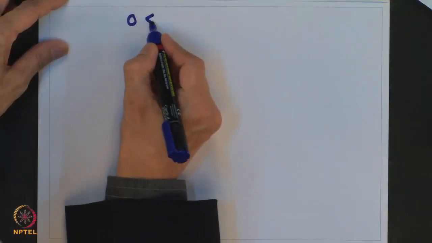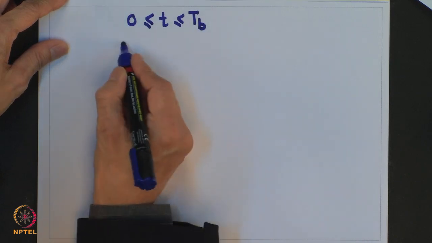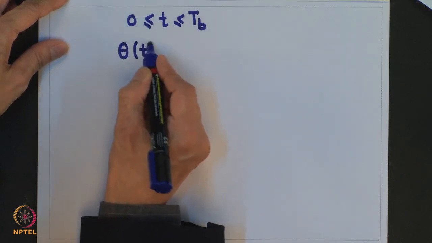Let us consider the interval between 0 to Tb and see how the phase varies.